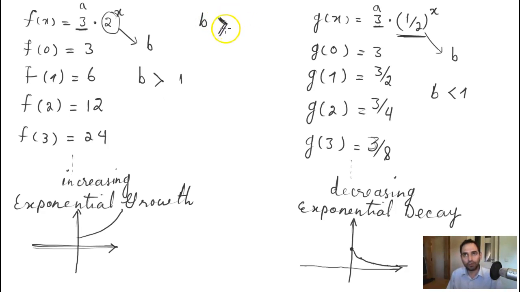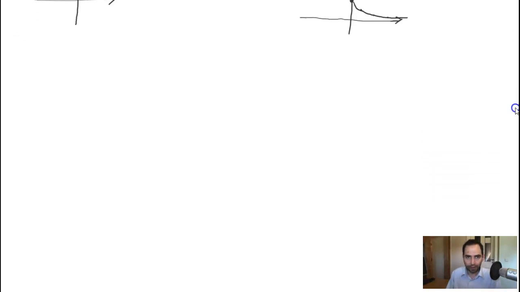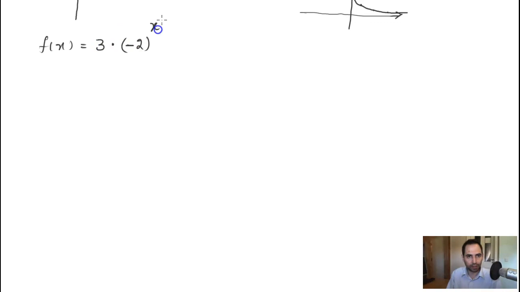It cannot be equal to 0, and it cannot be a negative number, because if you had a negative number as b, you would have a function like this. Let's suppose that we had f of x is equal to 3 times, for example, negative 2 raised to the power x.